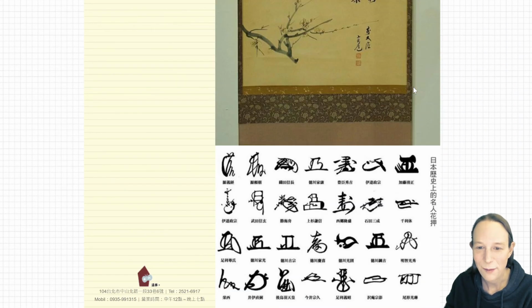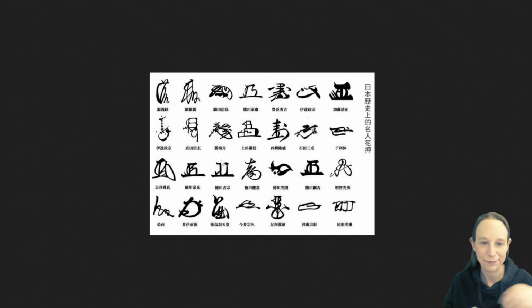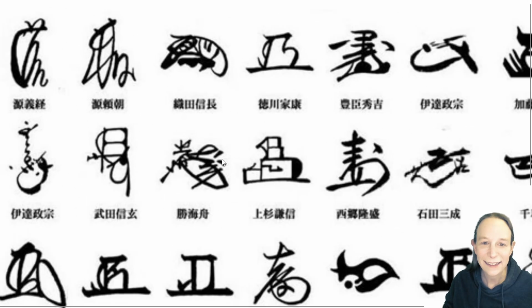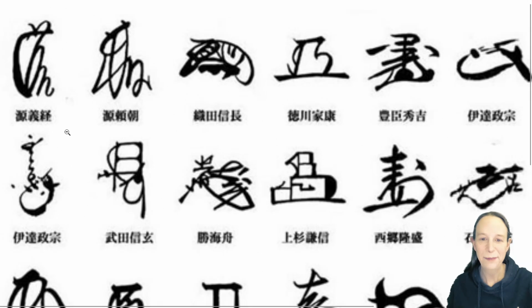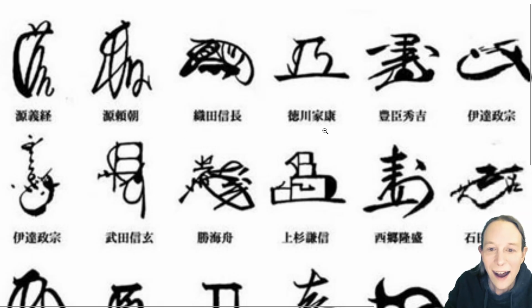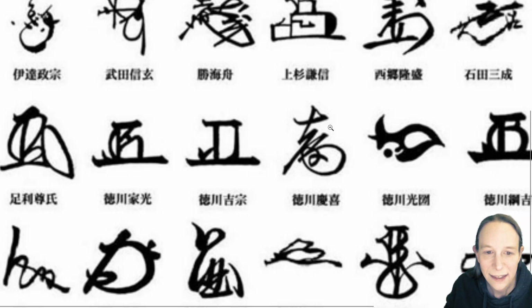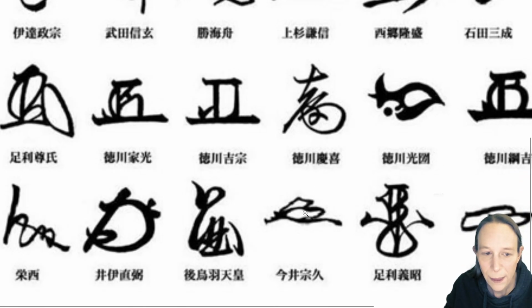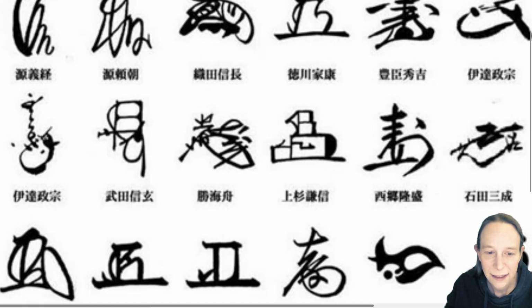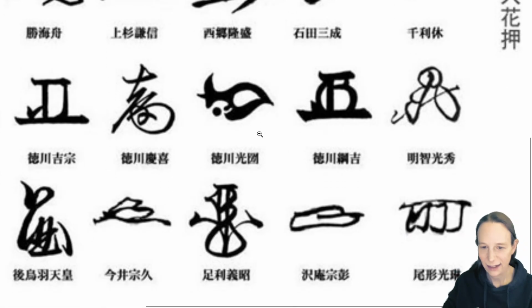I want to see this image in particular. The font's embedded in the image, so I can't really see. Oh, okay. 德训家康. I don't know what that means. But it's a kind of signature.